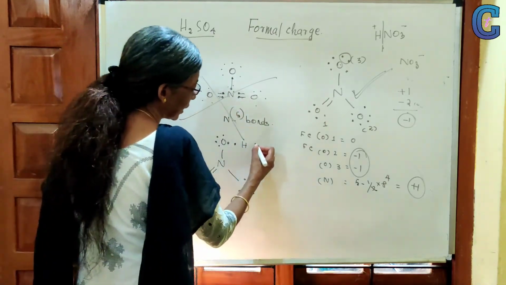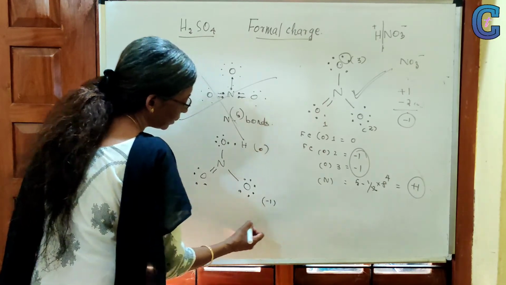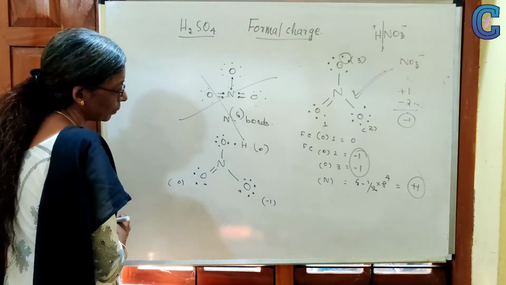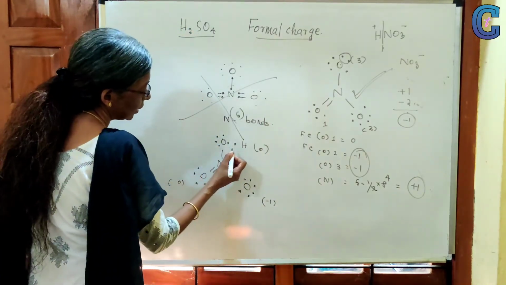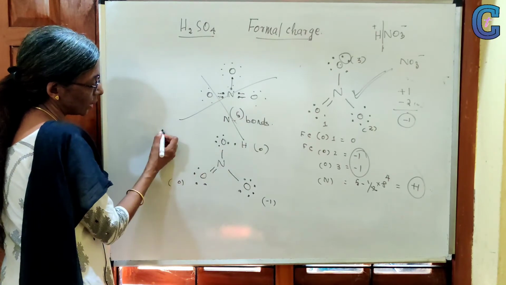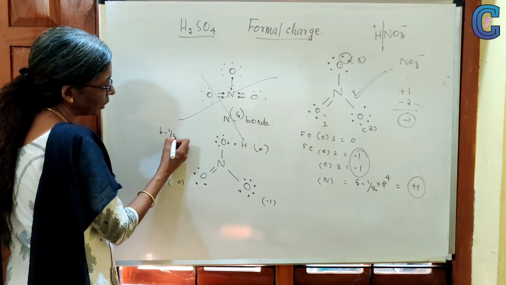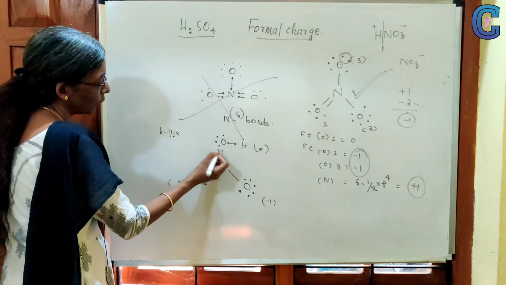Okay, for this oxygen it will be 0. This oxygen will be -1. This also 0. How will you calculate this for this oxygen? 6 minus half into bonded. Bonded means here one bond will come. So 2.